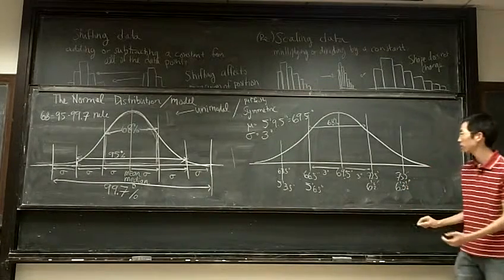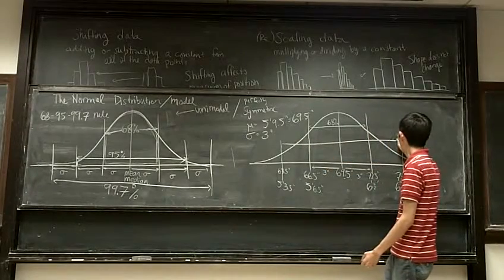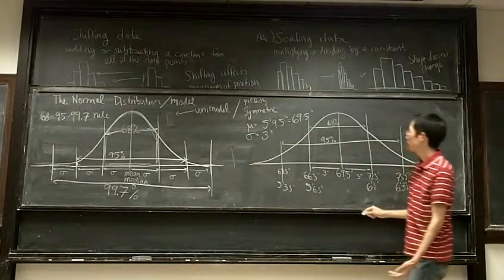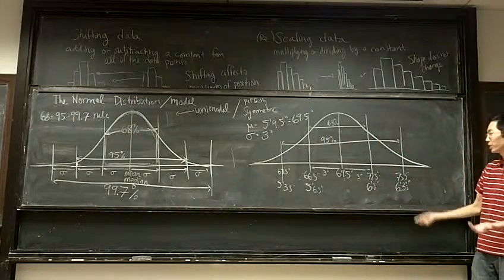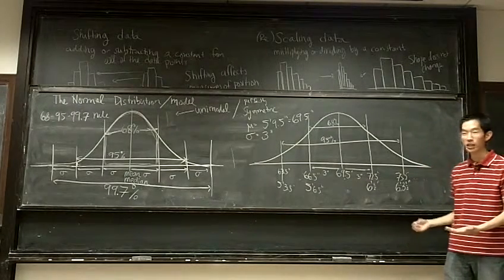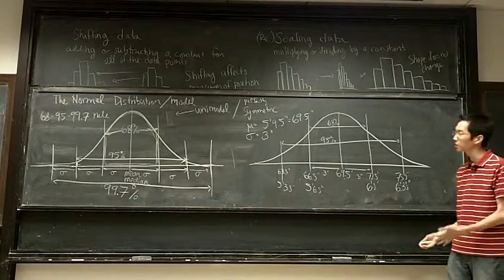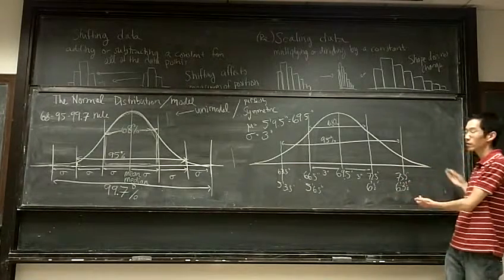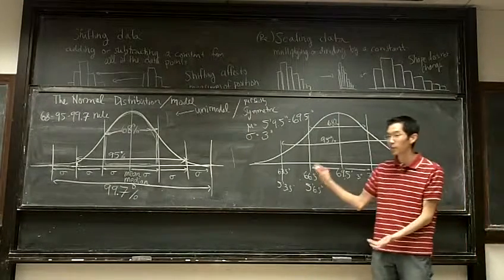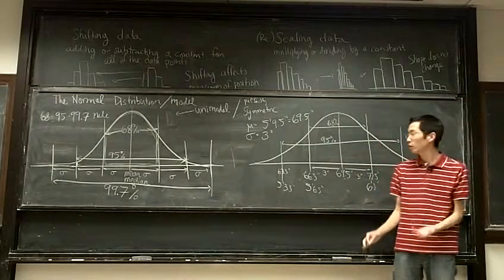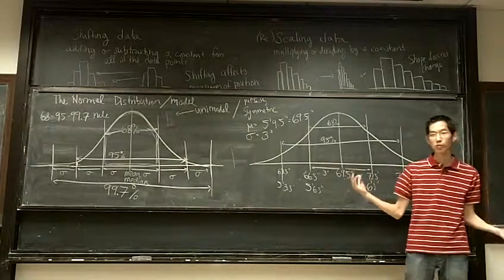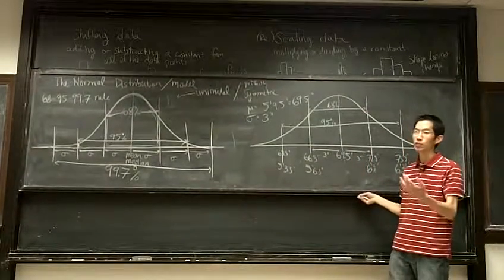And that says 95% of US males are between 5 foot 3.5 inches and 6 foot 3.5 inches. Yes, there are males who are taller than 6 foot 3.5, and yes, there are males who are shorter than 5 foot 3.5, but only about 1 in 20 fall outside of this range. So about 95% are contained within the range.